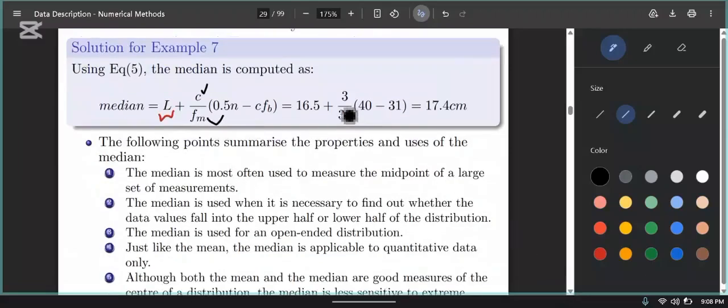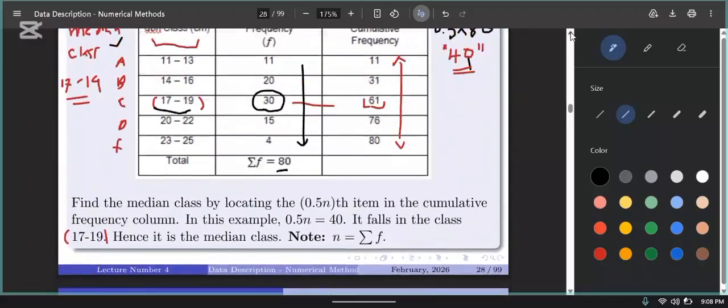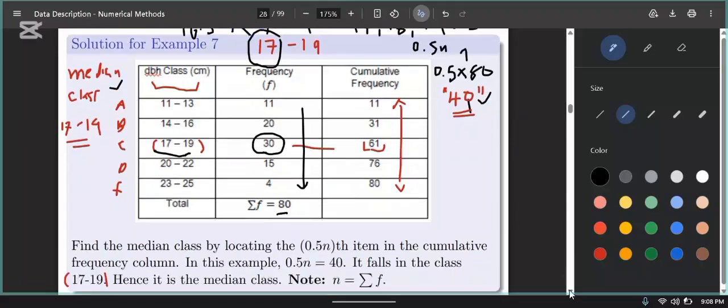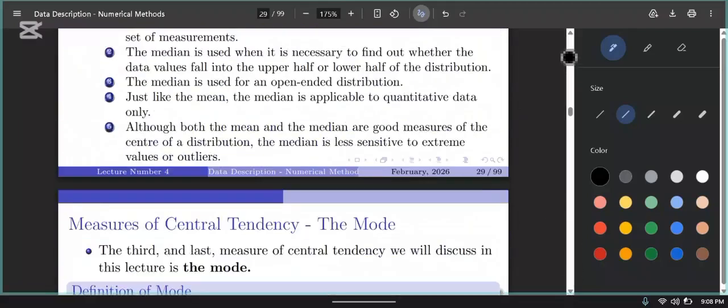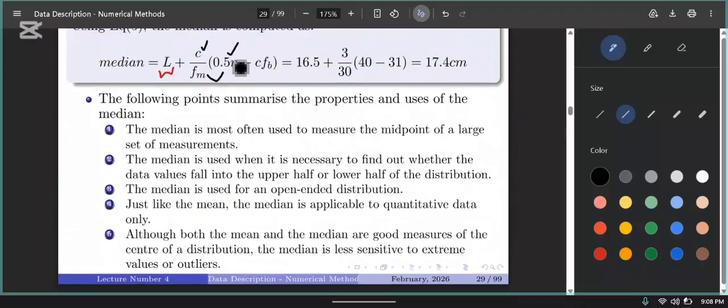You see 30 there. Then the 0.5n value we already calculated. What did we get? We got 40. This one we've already calculated, you just replace it, and it comes here. That's why there's a 40 here.